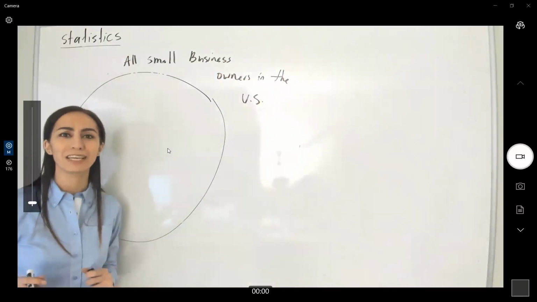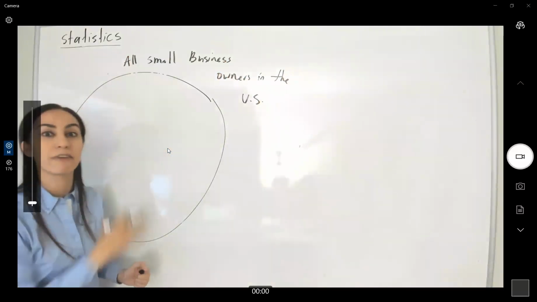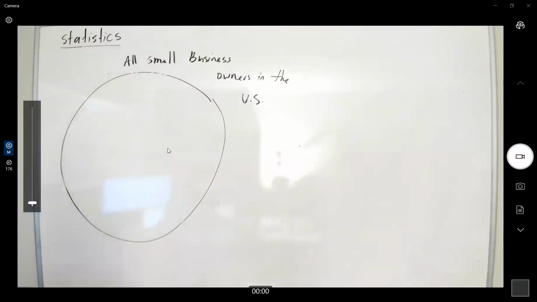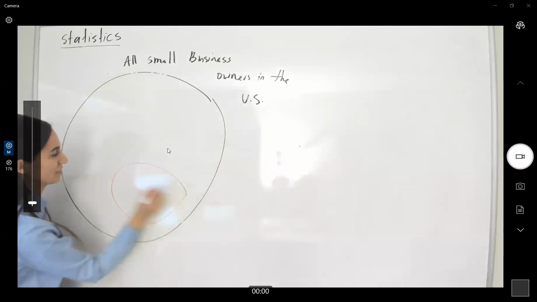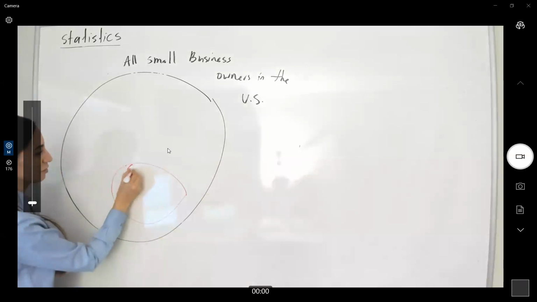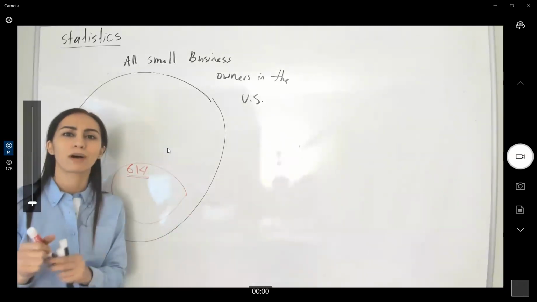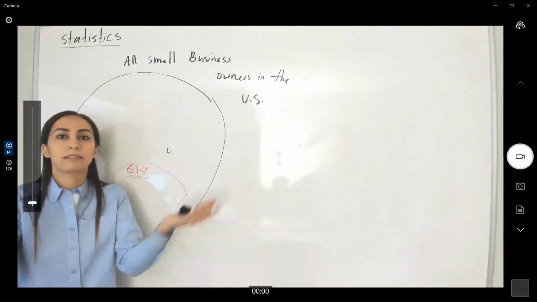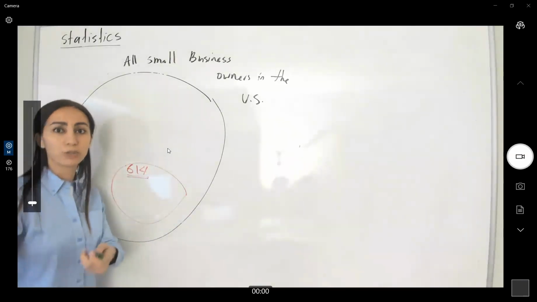Out of this population, 614 were surveyed. A small portion. So out of these 614, some responded yes, some responded no, some didn't even respond. You're the statistician.